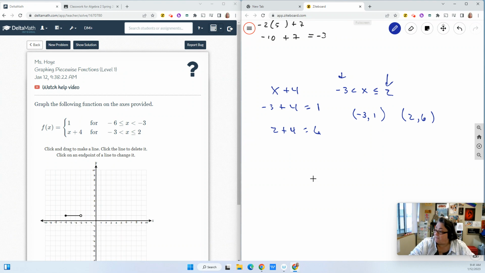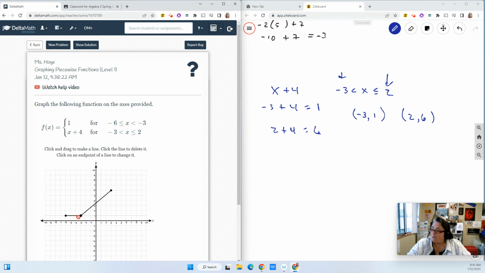And when I go to graph that, I'm going to start at negative 3, 1. That's kind of weird. Why is that kind of weird? Because here for this one, negative 3 isn't included. And then this one goes to 2, 6.